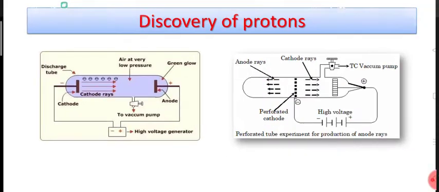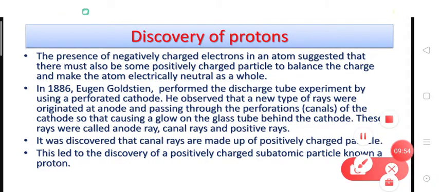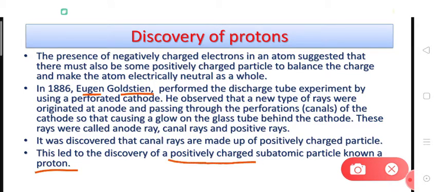So, dear students, anode rays were discovered in 1886 by Eugen Goldstein, and their discovery gave an indication regarding the discovery of the proton, which is a positively charged subatomic particle.